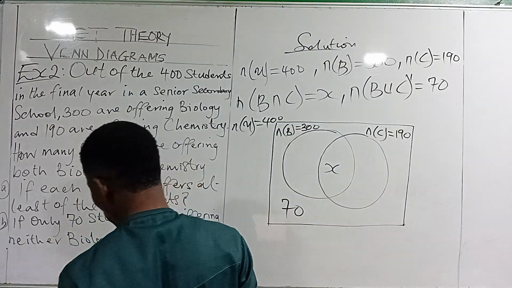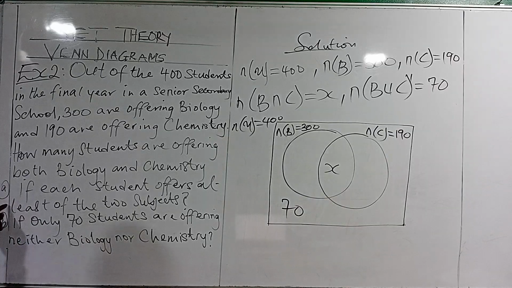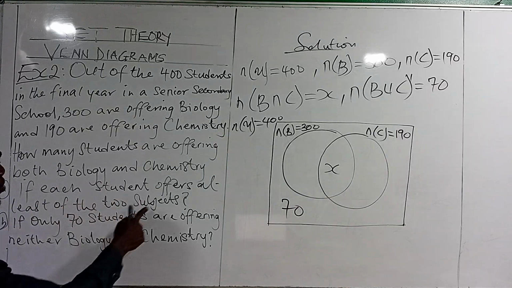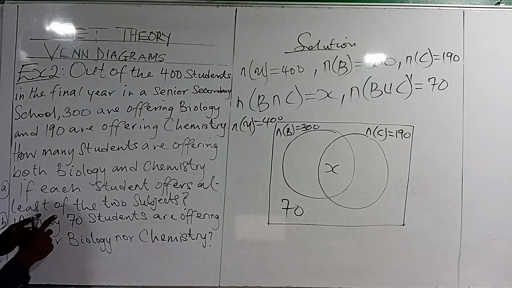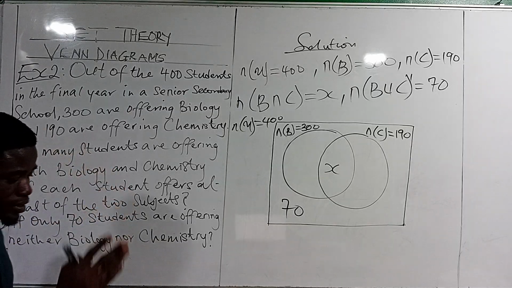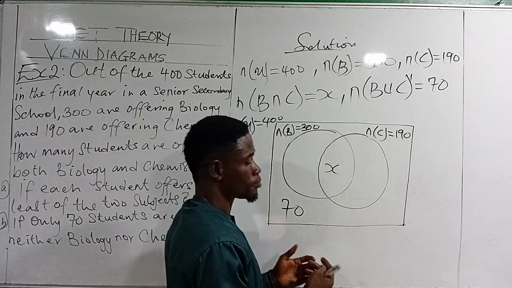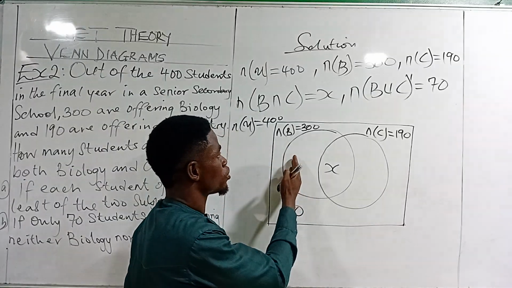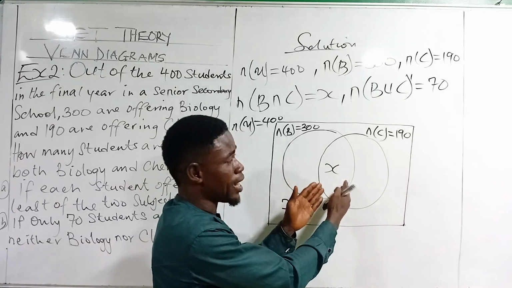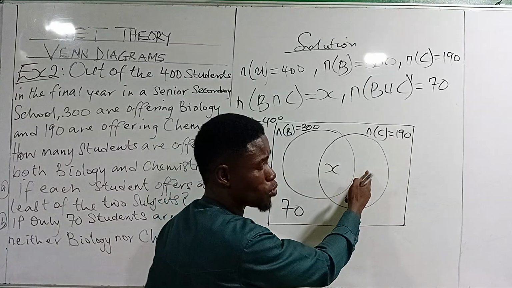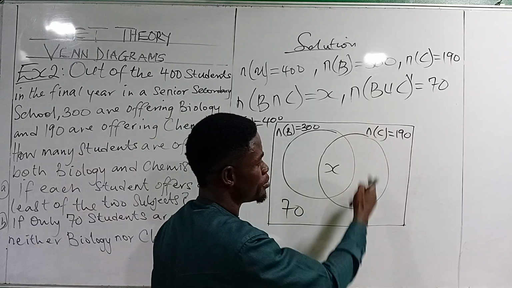So, what is the question to consider? The question says that if each student offers at least one of the two subjects, that is, we have those who offer biology only, those who offer both biology and chemistry, and those who offer chemistry only.